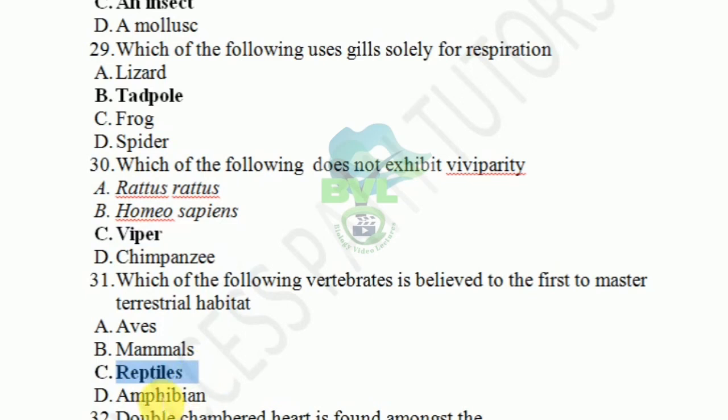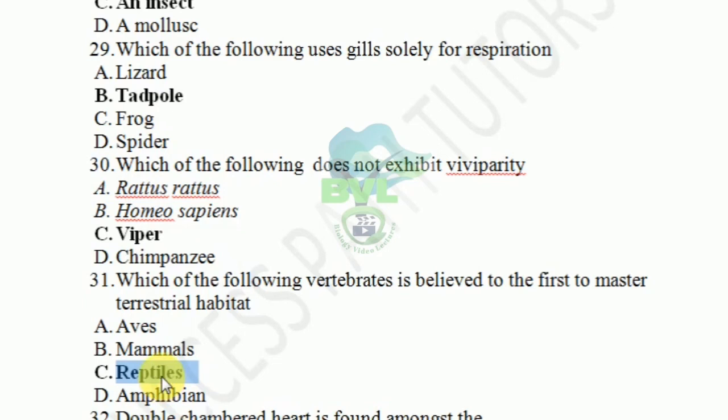Pisces are not here, so the first will be amphibia, reptiles, apes, mammals. Amphibia was the first to come to the land, but they are not the first to master it. Why? Because they still shuttle between land and water. But reptiles are the ones that have stayed on land, and they don't go back to water.